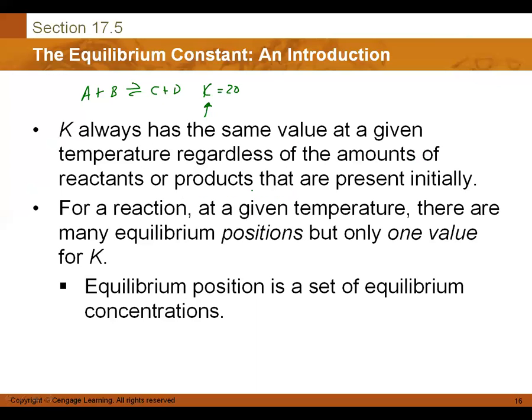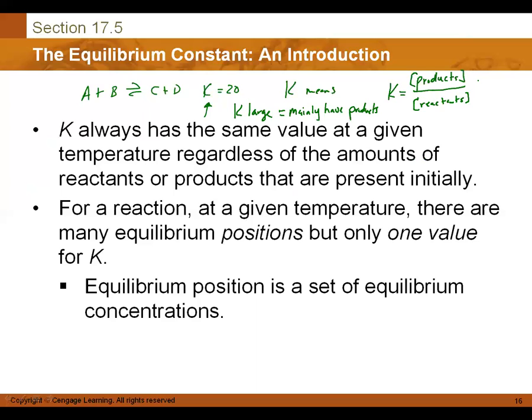Let's talk really quick, before we continue on, about what the K value actually means. Since our K is calculated as our products divided by our reactants, if we have a K value that is large, what that should mean is when we reach equilibrium, we should mainly have products.